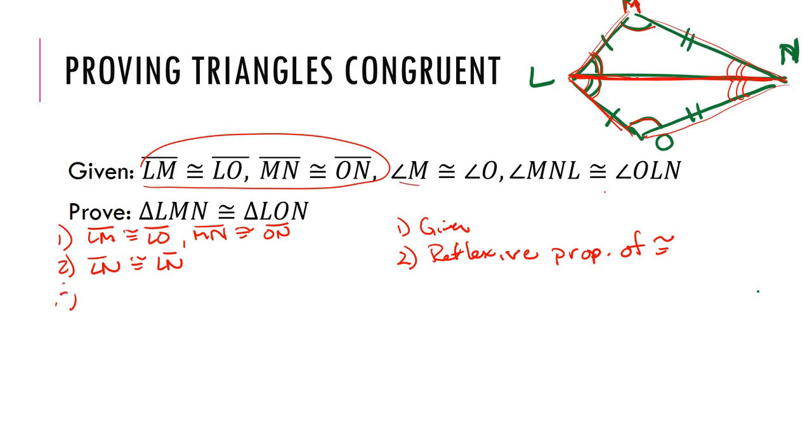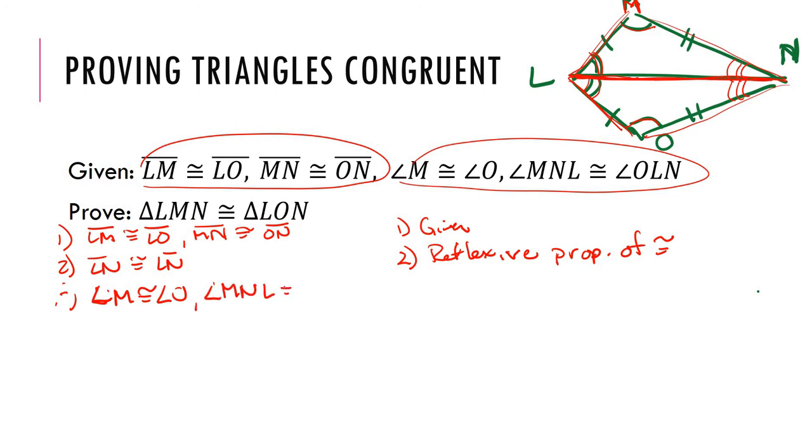Angles, I have two given angles, so let's copy those. Angle M is congruent to angle O, and angle MNL is congruent to angle OLN, and that's given. So now I have to show angle number 4.